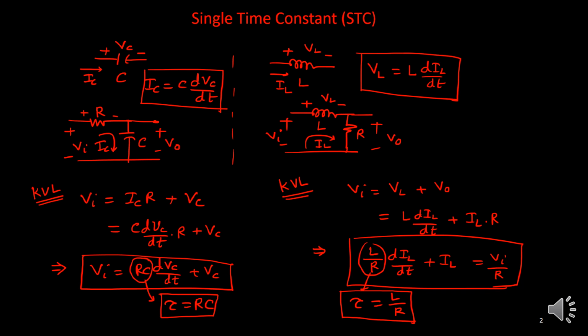If I have one resistance and one capacitor, or in a circuit one inductor and one resistance, obviously it is a single time constant circuit.